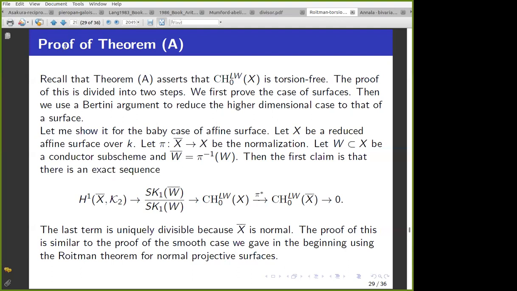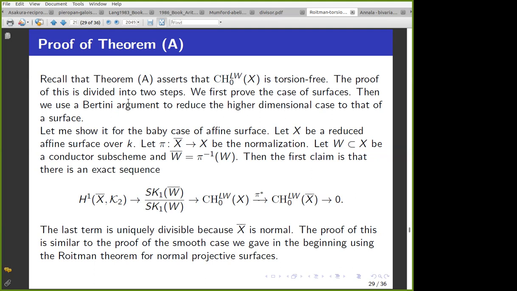Okay, so now let me give you a sketch of the proof of theorem A. It's a very bad sketch because it's very difficult to give you a complete proof. Remember, theorem A asserts that the Chow group of X is torsion free if X is a reduced affine scheme over an algebraically closed field of dimension at most 2.